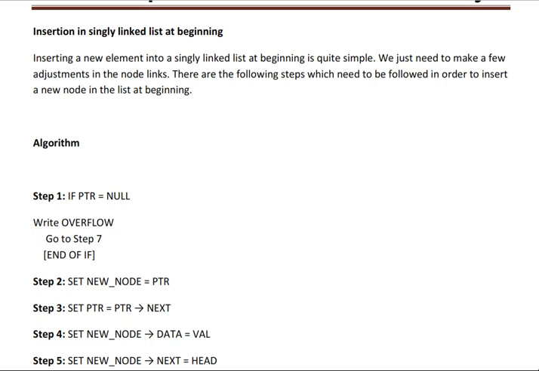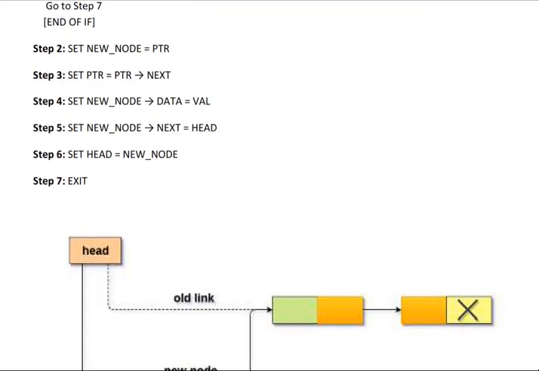Inserting a new element into a singly linked list at the beginning is quite simple. We just need to make a few adjustments in the node links. These are the steps we need to follow in order to insert a new node in the linked list at the beginning. Let's see.